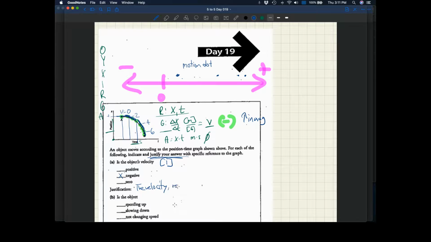The velocity, represented by the slope, is negative throughout. And we can even go further, as evidenced by the tangents added to the graph above.